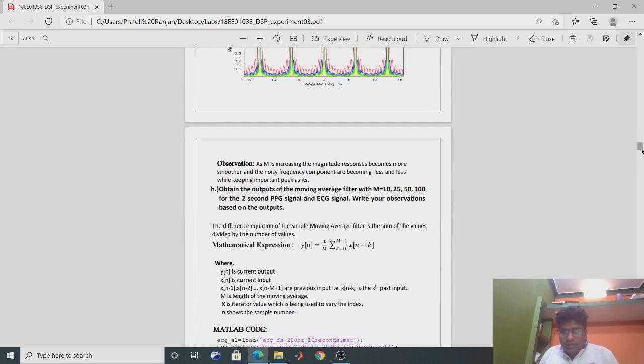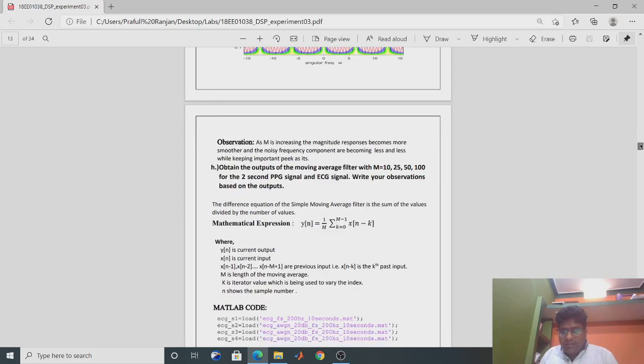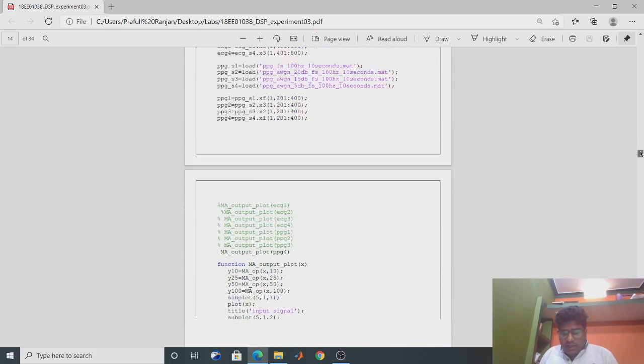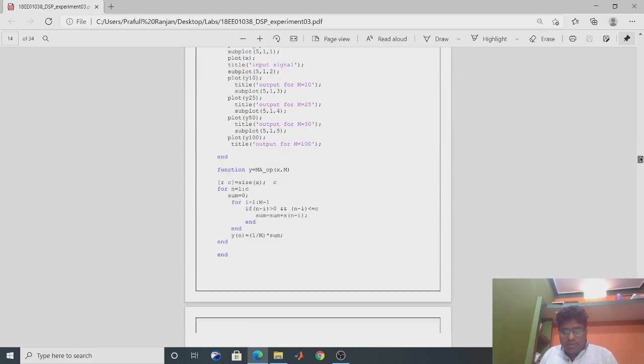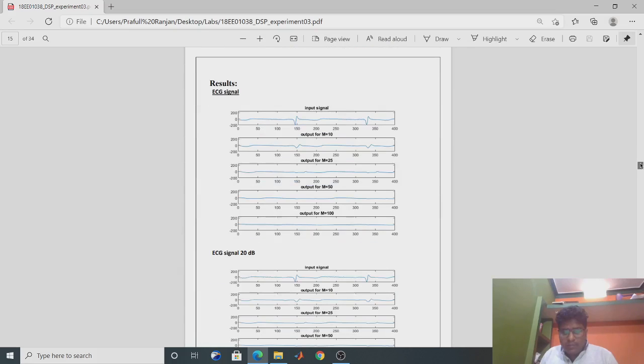So now we are taking some examples of ECG and PPG. We will plot some examples of ECG and PPG for 2 seconds, and for taking m is equal to 10, 25, 50 and 100. So these are the codes, and these are the graphs which are coming.